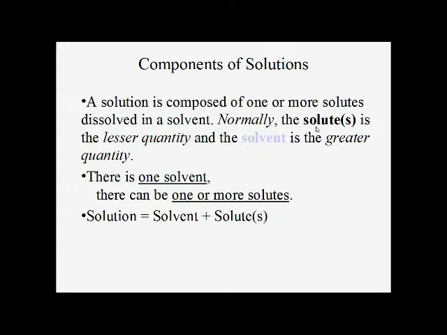So solutes are the lesser components in a solution. An example would be coffee. Coffee would have water as a solvent. It's going to have maybe 100 different chemicals in there as solutes, including caffeine, theobromine, theophylline, tannins, and a bunch of whole other things.